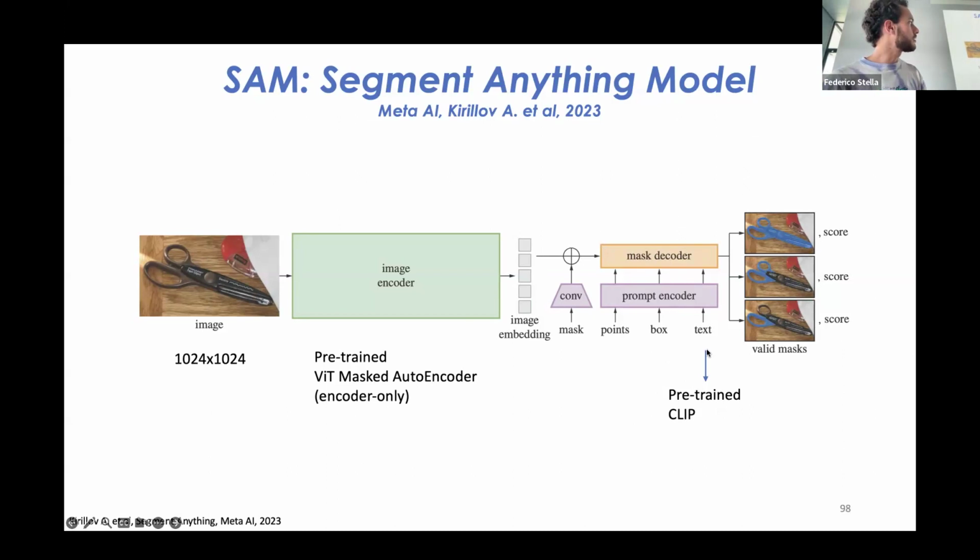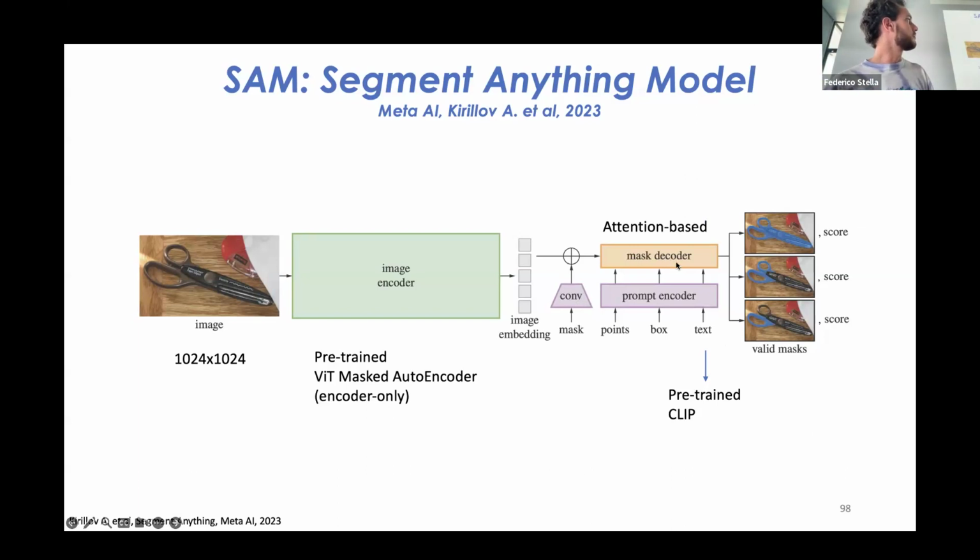And you can query this not just with text, but you can give it a bounding box and say, can you segment what is in this bounding box? Or with points. So you click something on the image and you say, I want to segment this object, and it will outline the whole object. You can also give it a mask, but not particularly important.